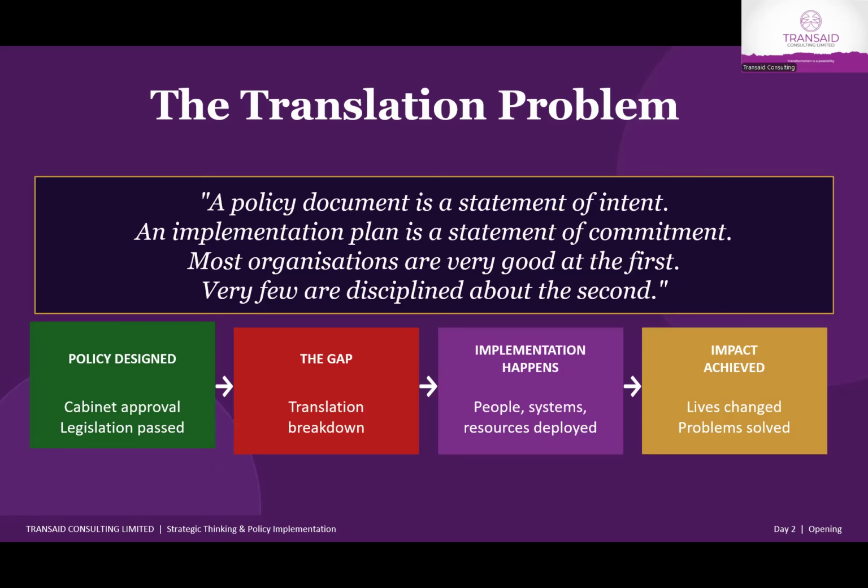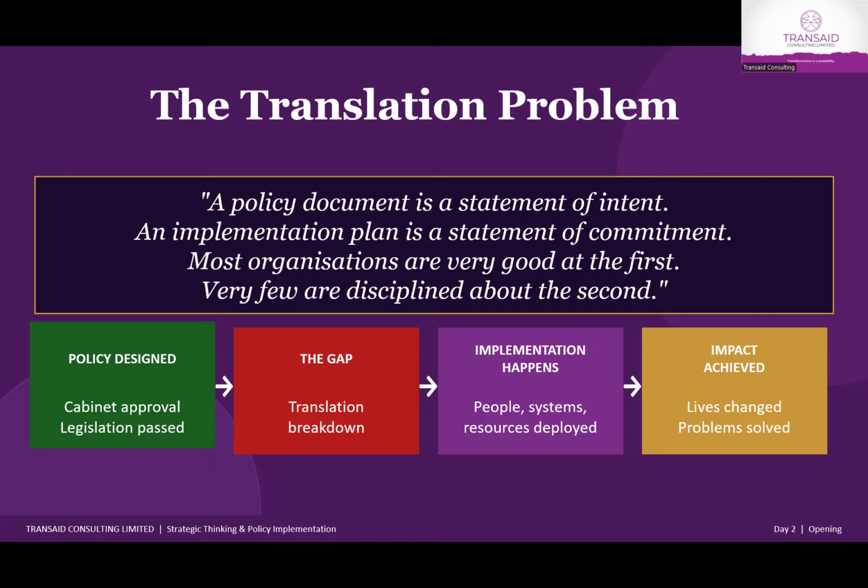It has to do with thinking. An implementation plan is actually the action, doing the work. It's the step-by-step how-to guide to make whatever you have planned as your policy happen.